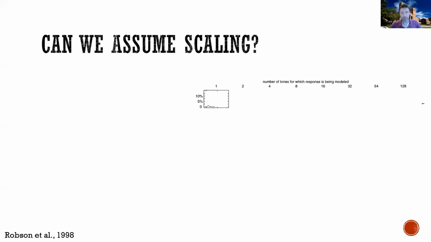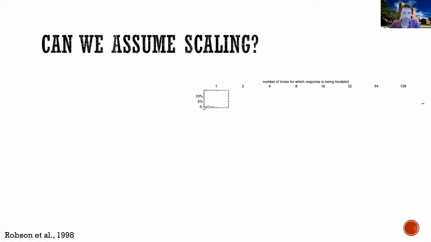Now here's a wonderful and more thorough example of the same idea by Robson and colleagues. They used a very ingenious approach. They played a number of auditory tones to the participants and then looked at the BOLD response. But they set up the design in a very clever way so that they could try to predict the response to more tones from the response to fewer tones and look at linearity. Let me show you what I mean.